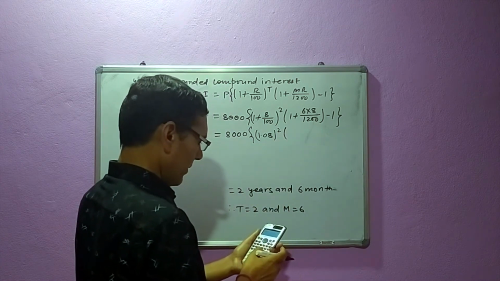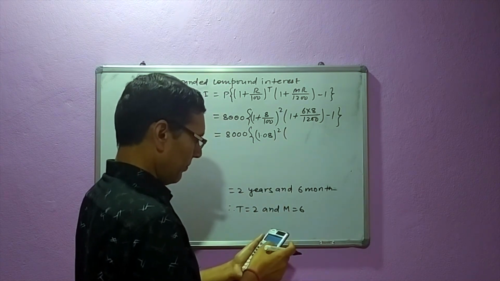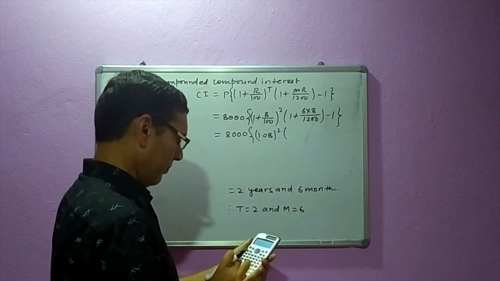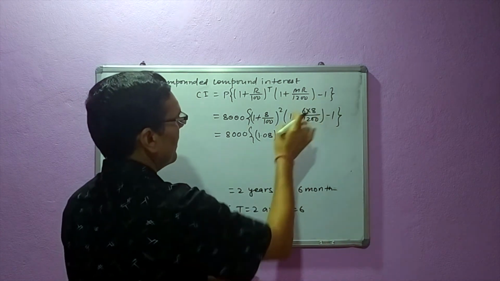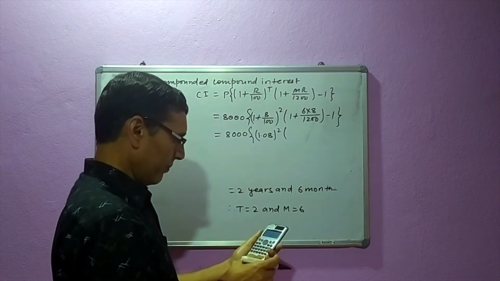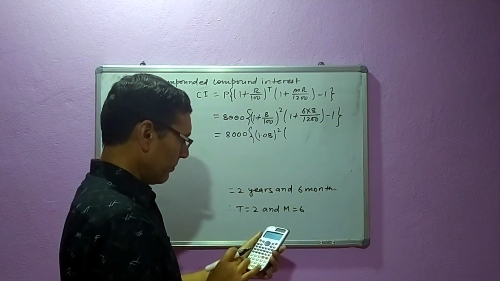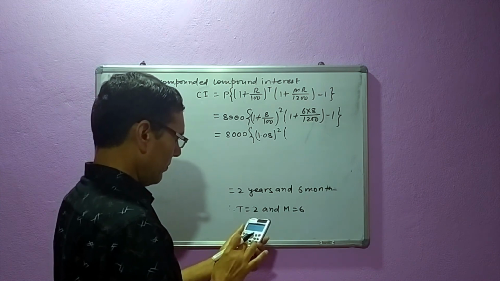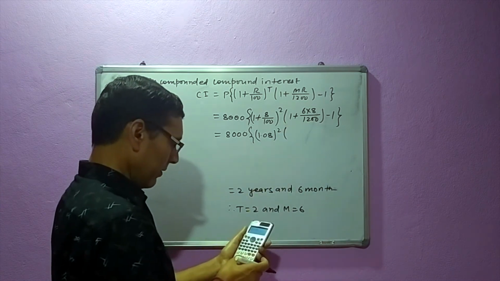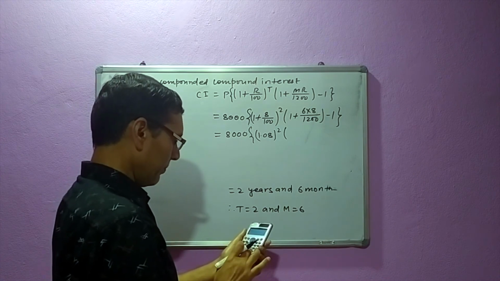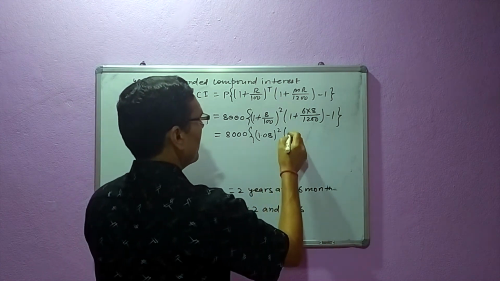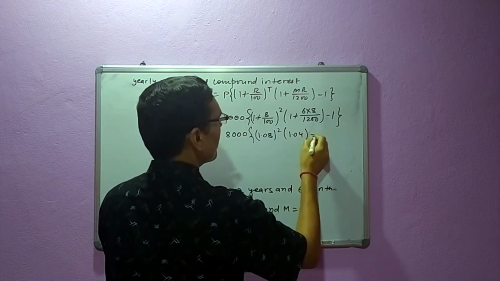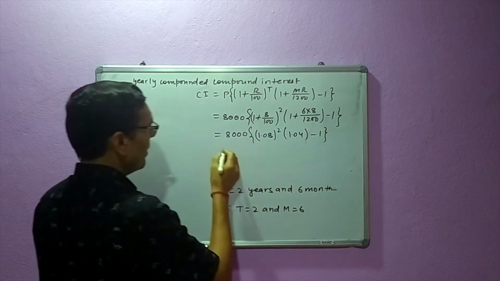On this side, 48 divided by 1200 plus 1, we get 1.04, minus 1.